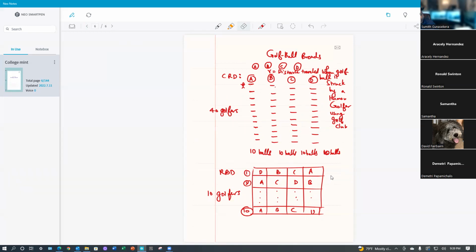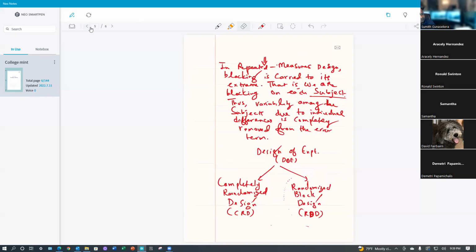In that way, there are no differences among these individuals. The error due to that fact will be reduced. Due to what fact? The differences. What are the differences in? In skills and strength, which will be blocked. That's what it says: the variability among the subjects, subjects meaning the golfers, variability due to the strength and the skills, will be completely removed from the error term.